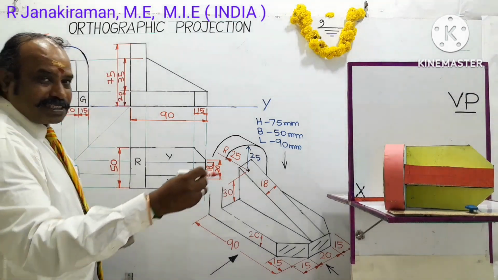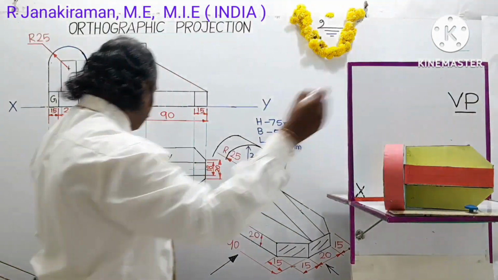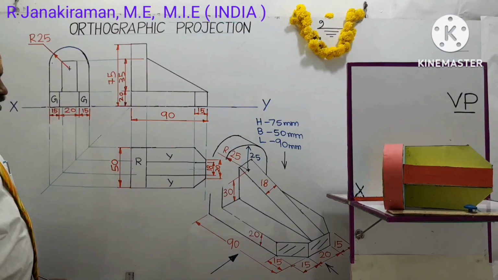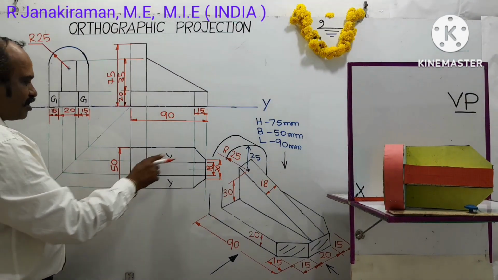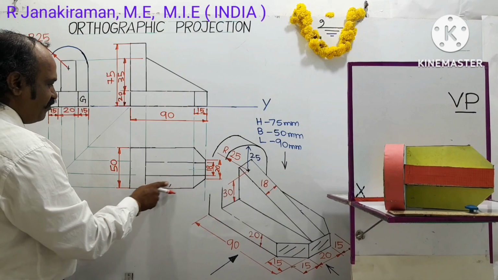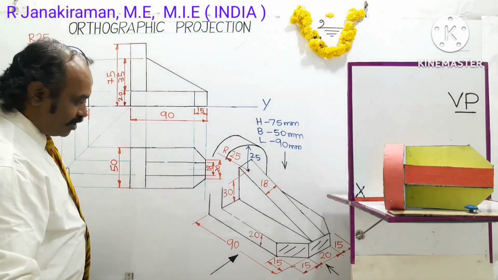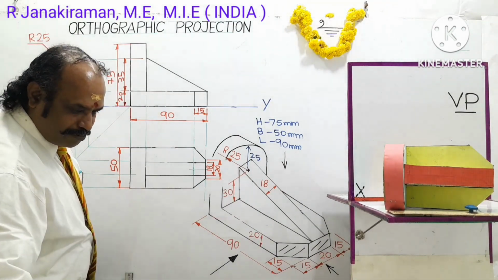Full breadth is taken as 50 mm. That is shown on the left hand side itself. So this completes the views: the right side view, front view, and top view are fully completed.